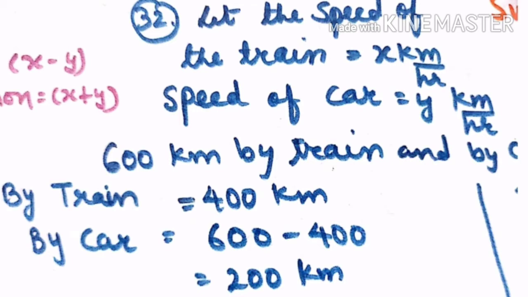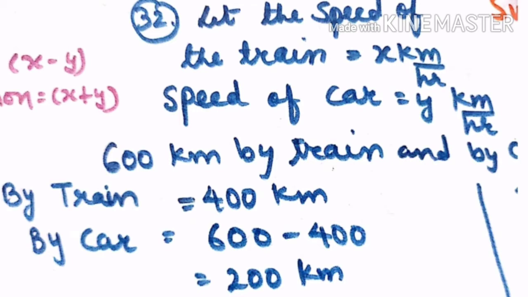First of all, whatever we want to find out, we will suppose it. Let the speed of the train be x km per hour and the speed of the car be y km per hour. Now students, the total is 600 km, by train and by car. By train it is given that 400 km it covers. So by train is equal to 400 km.